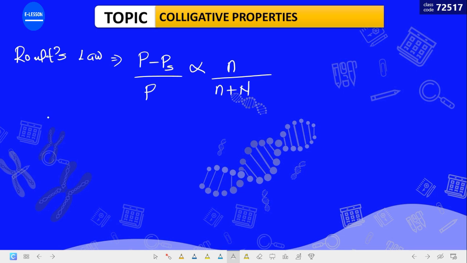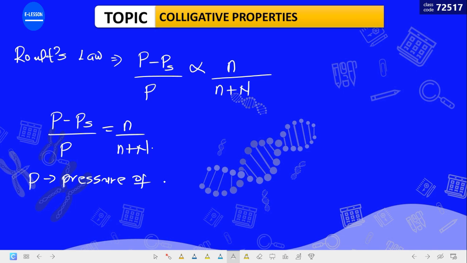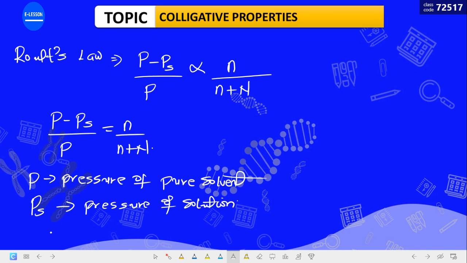Now, the formula says (P minus PS) all over P is equal to n all over (n plus N), where P is the pressure of the pure solvent, then PS is the pressure of the solution, which is of course lower than that of the solvent. Then this n over (n plus N), we said, is the mole fraction.